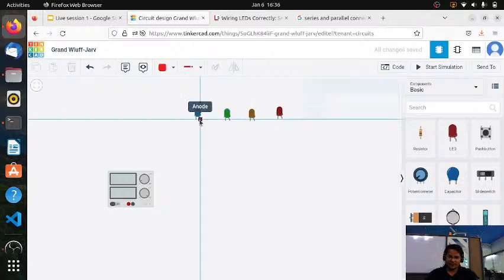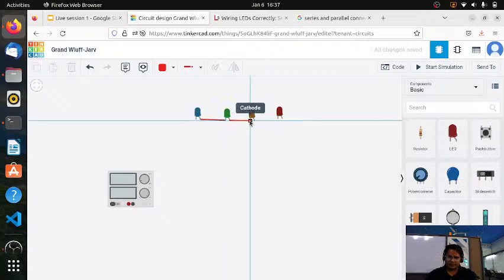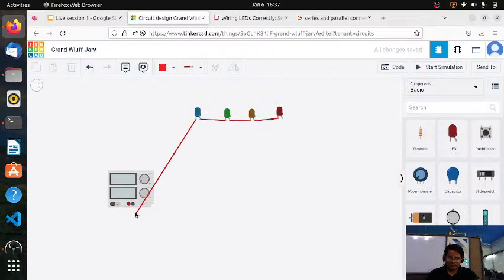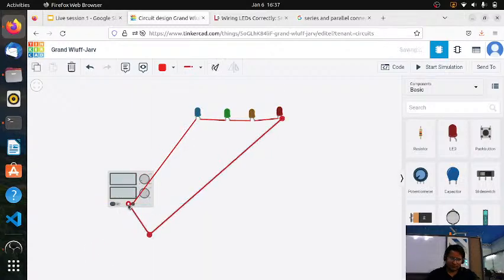Plus of the left one, minus, then plus, then minus, then plus, then minus. It's a very simple connection. And then minus, I'm going to connect to minus, and then plus, I'm going to connect to plus. That's it. Minus, let's change the color of this one, black. Okay, let's do the simulation.